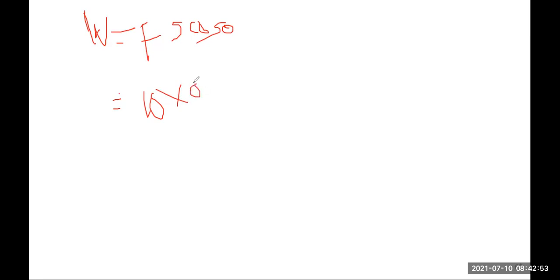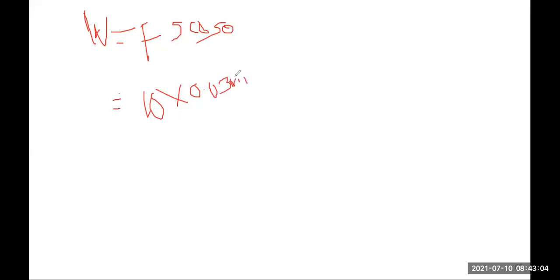So here we can write work done is equal to the formula F S cos theta. F is given 10, S is given 30 centimeter, which we can convert into meters, it is 0.03 meters.